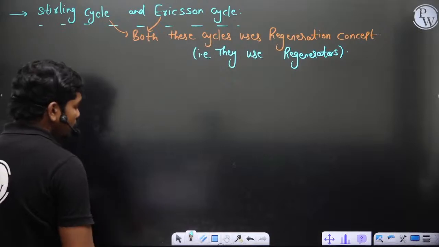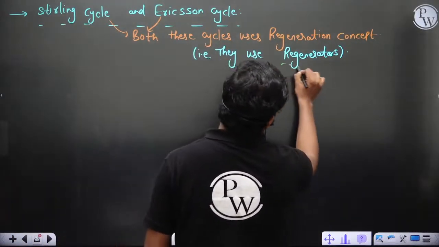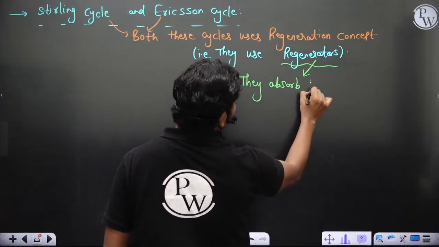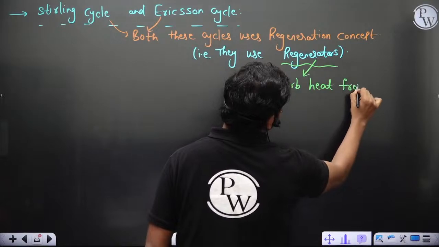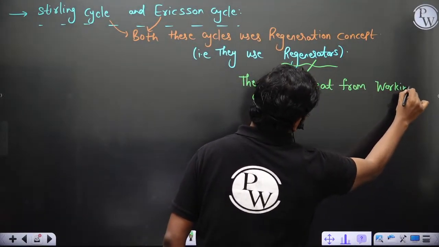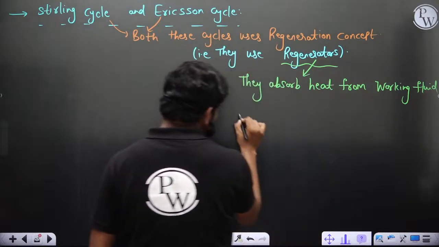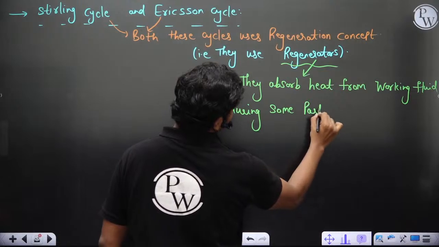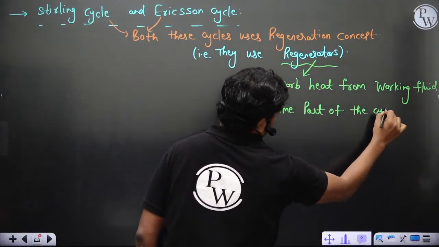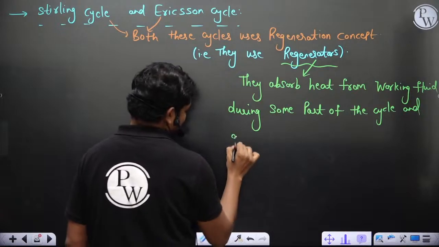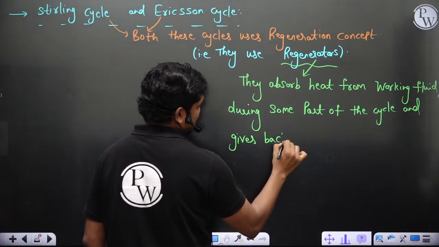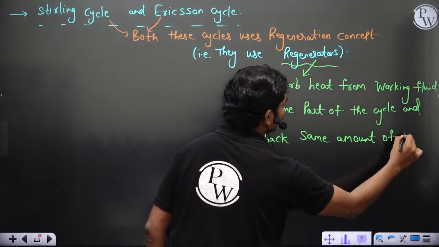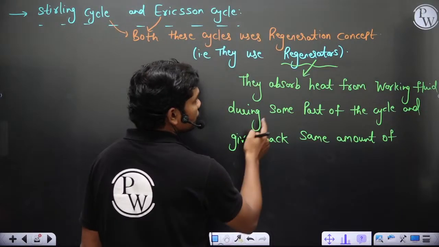Okay, so now if you see what the regenerator is basically, they absorb heat from the working fluid during some part of the cycle, and give back the same amount of energy.